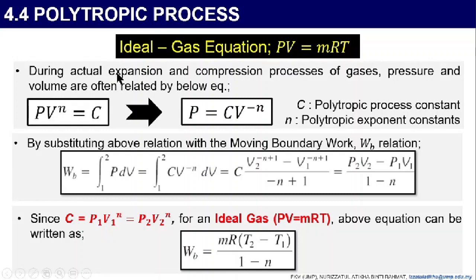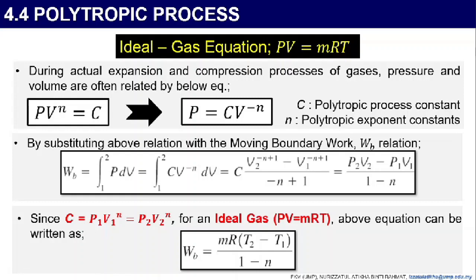During actual expansion and compression processes of gas, pressure and volume are often related by this equation, PV^n equal to C. C is the polytropic process constant, and n is the polytropic exponent constant. This is usually given in the question.